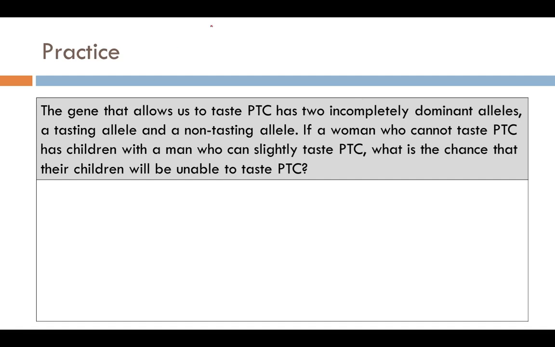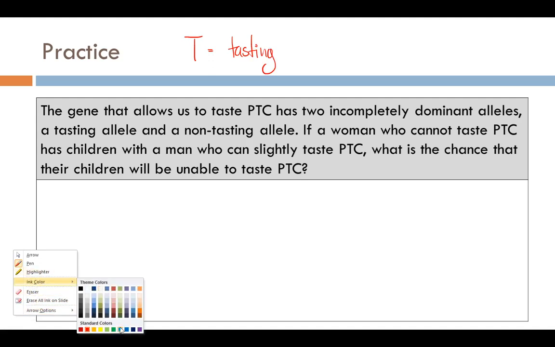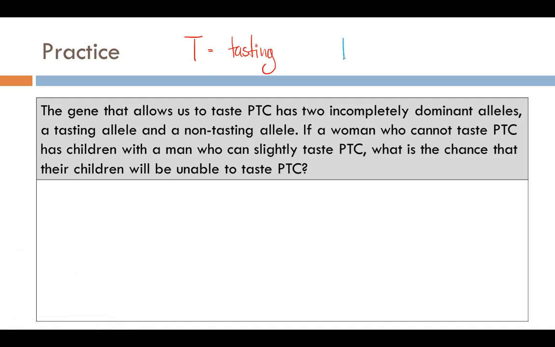Let's use T for tasting, which makes sense to me, and N for non-tasting. That also makes sense to me. T and N, you can use whatever you want. You could use X and Y, but that would be confusing.